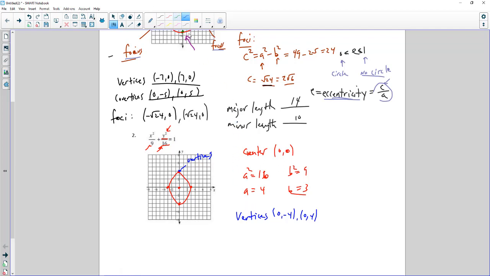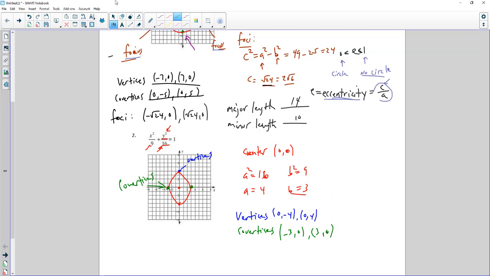Now the co-vertices are right here and right here. Co-vertices. Those are going to be negative 3, 0 and 3, 0. Yeah, that's right.